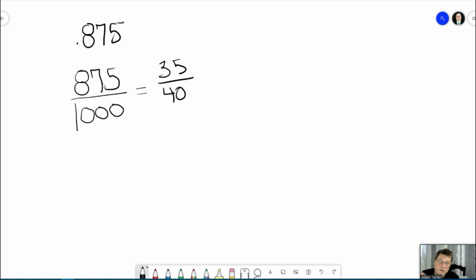So 875 over 1,000 being a fraction, we also learned it's a ratio, right? Now, this is how much of the whole unit, right? This is the whole unit. This is the piece of the whole unit. When you have a ratio or a common fraction and you say it equals another ratio, in this case another common fraction, they have to relate, right? And we know they do. This was divisible by 25.